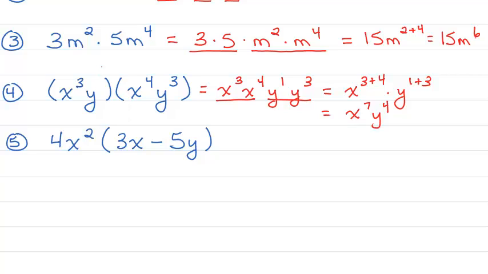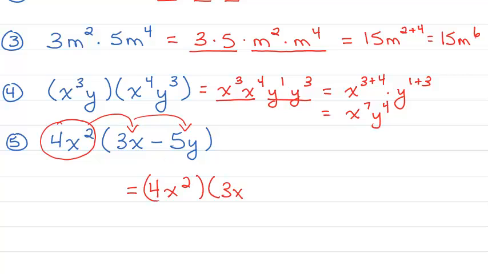Let's get to a distributive property. Distributive property, it's the same exact thing, except now we're going to work with exponents. So I'm going to take this, and so this is going to equal, now I'll write it out and then we'll worry about the exponents, 4x squared times 3x minus 4x squared times 5y.